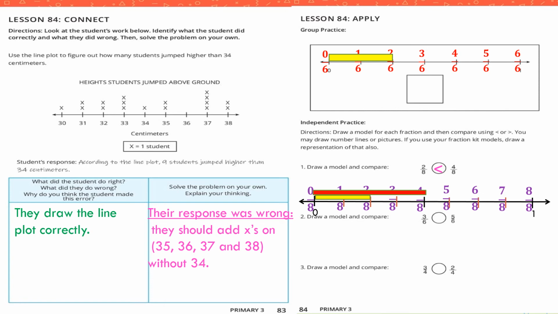The second example, 3 over 6 and 5 over 6, by the same way. Is it crazy or normal? It's normal. Why? Because we have the same denominators. Look at the top. Which is bigger in normal, 5 or 3?